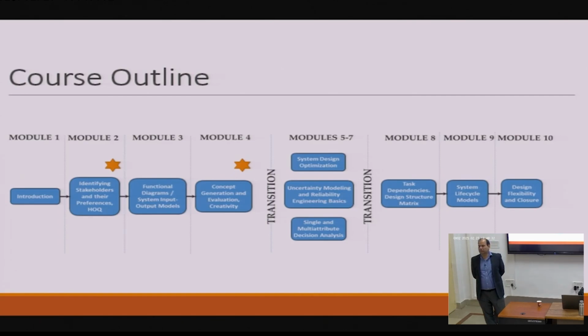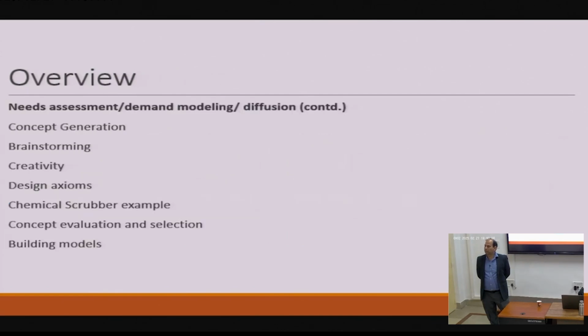One is preferences for an individual product, which helps with the design, and also preferences in terms of whether the company that manufactures the product would be able to sell in the market. So then you start thinking about demand modeling and things like that. We'll continue in that vein for a little bit, and then we'll go back to our concept generation and concept evaluation discussions that we've been having.